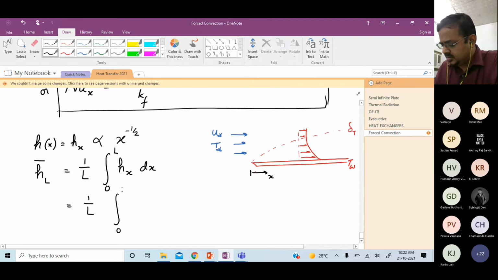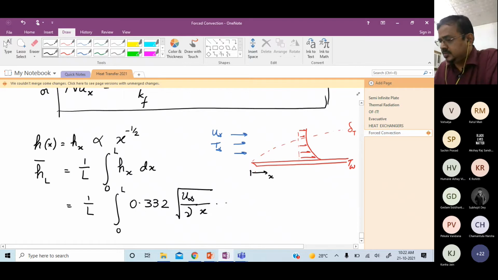Okay. 0 to L. And what do I have? 0.332 Reynolds to the power half, U infinity by nu, x, times kf over x, then Prandtl to the power 1/3 dx.